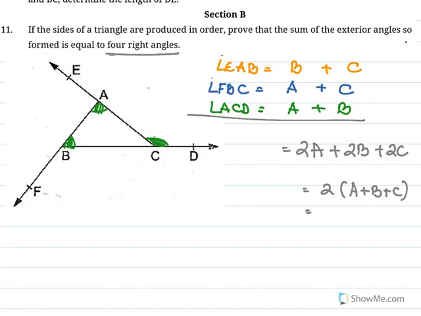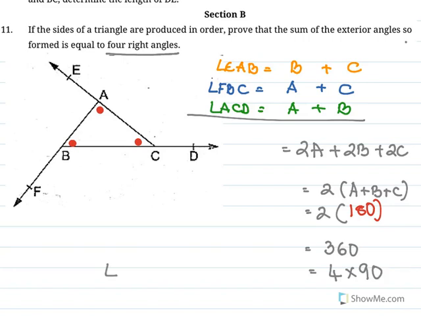And we know A plus B plus C is 180. Here we have A plus B plus C is 180. So we have 2 times 180, so this is 360. And 360 is 4 right angles. It's 4 into 90. So there are 4 right angles.